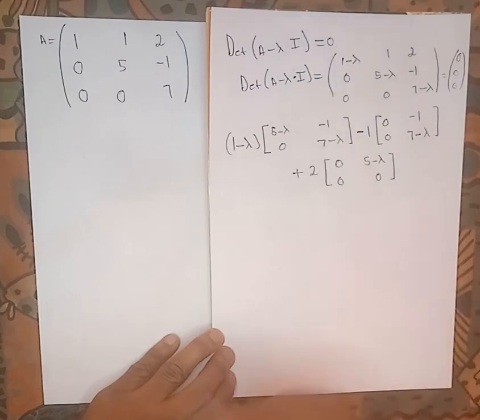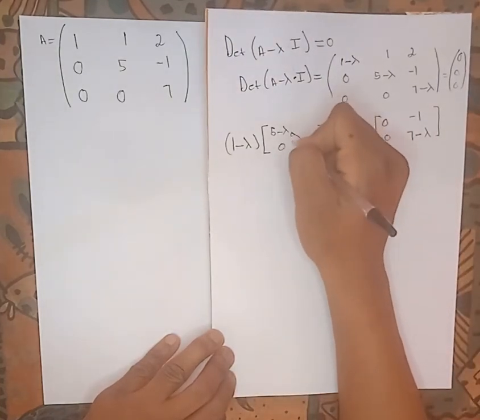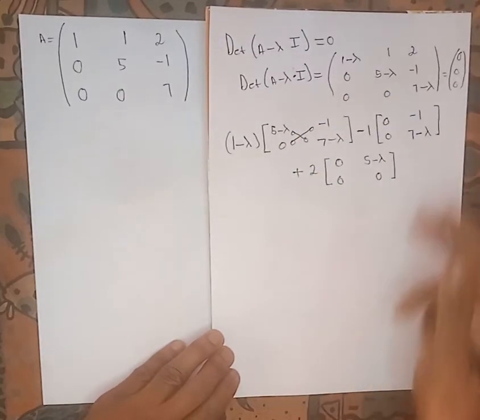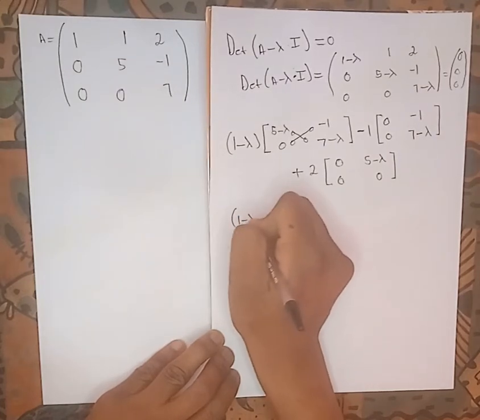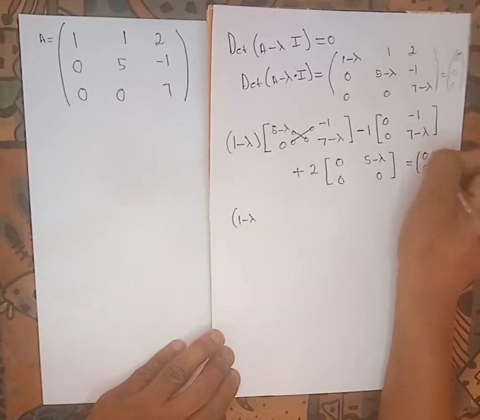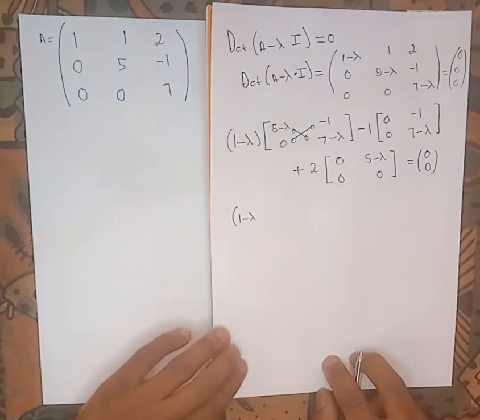We know how to do a 2 by 2 matrix: multiply this one and subtract the multiplication of the other diagonal. Since we have reduced it to 2 by 2 matrices, it has to be 0.